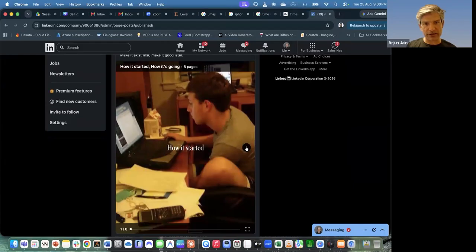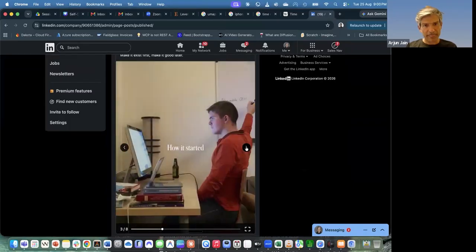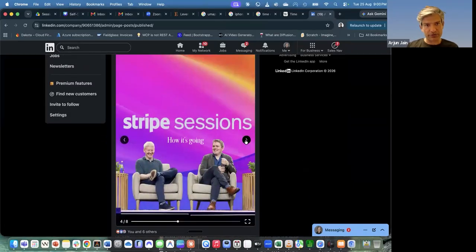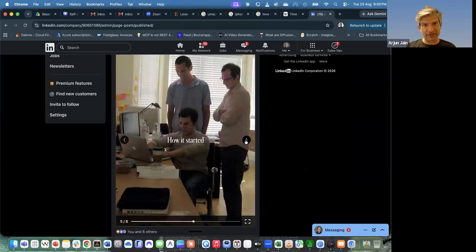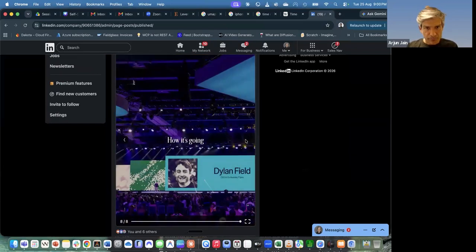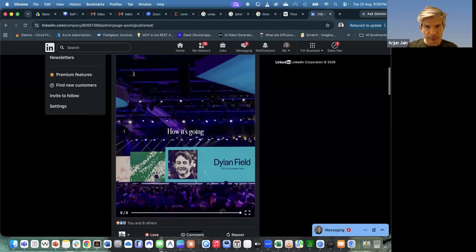This is what I was also saying in the very first session. This is how Facebook started and how it is going. This is how Stripe started and how it is going. And this is how Airbnb started. These are some companies, right?